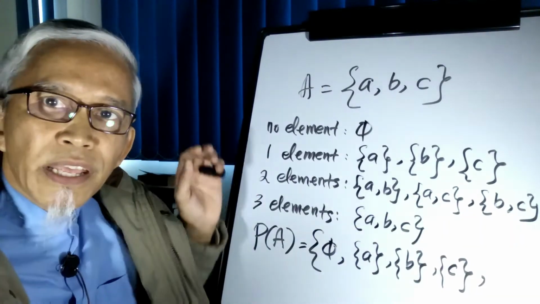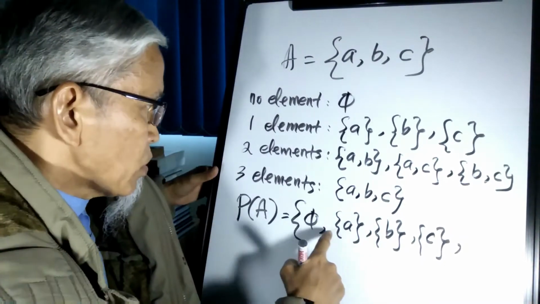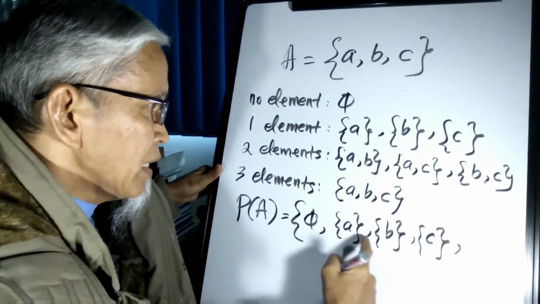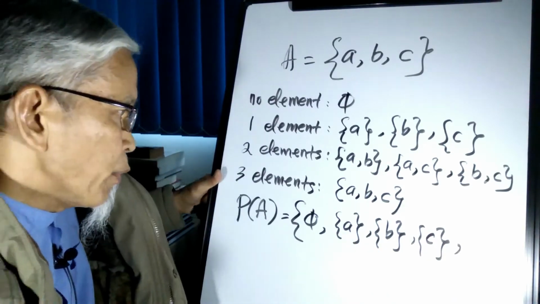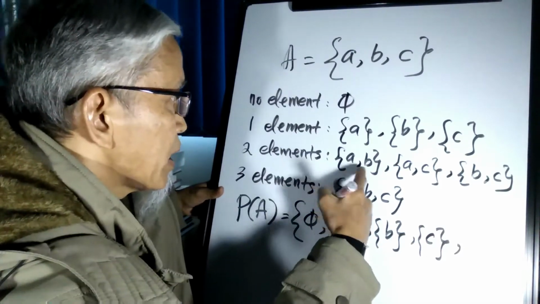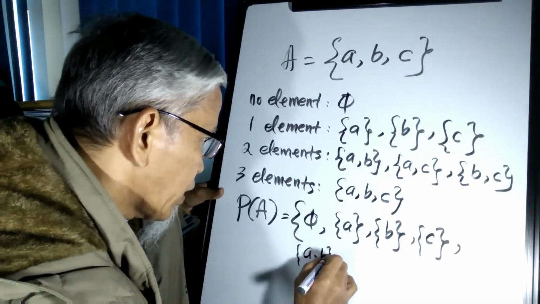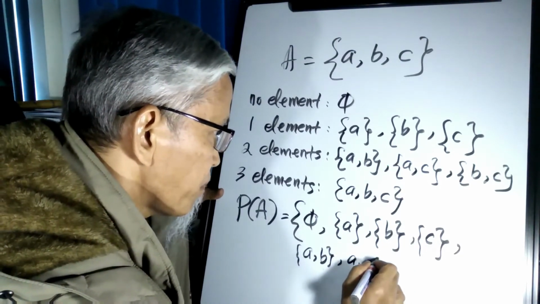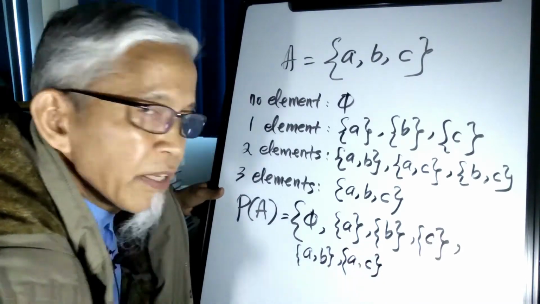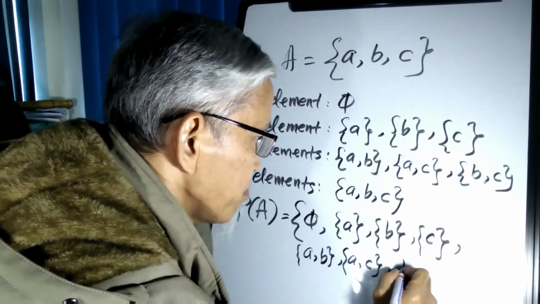Maybe we can adjust a little bit. So a, b, c singletons, and then with 2 elements: ab, and don't forget the brackets, then ac, and then bc.